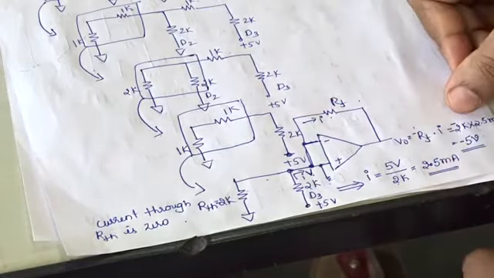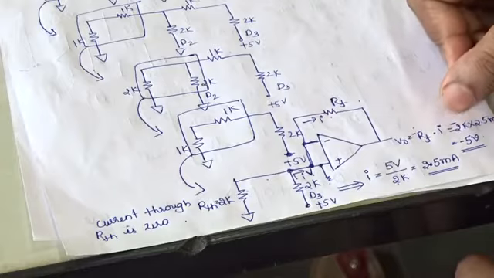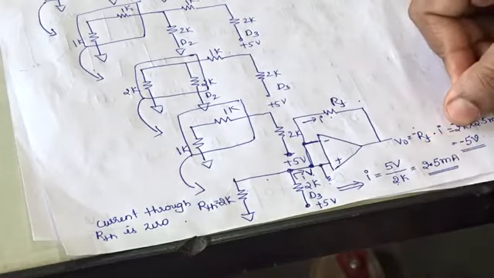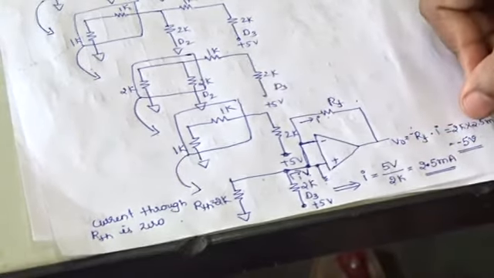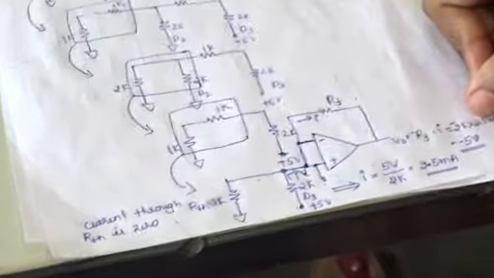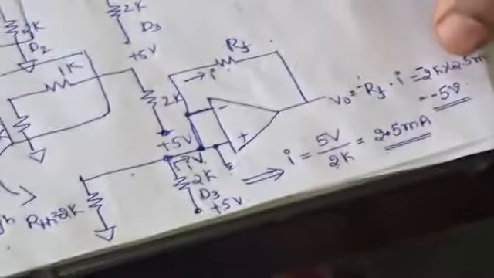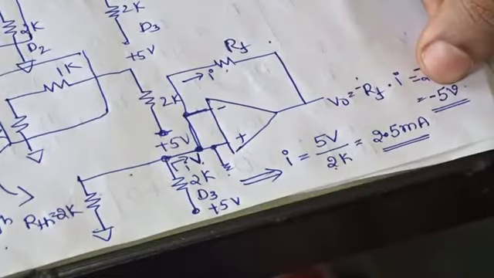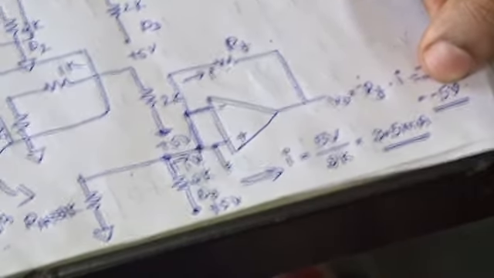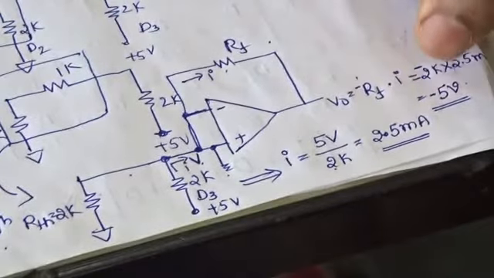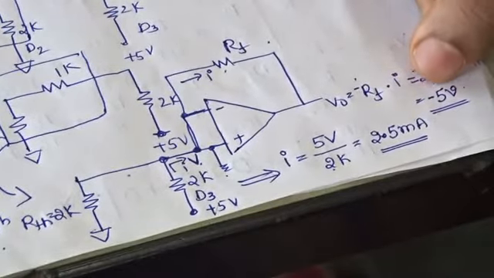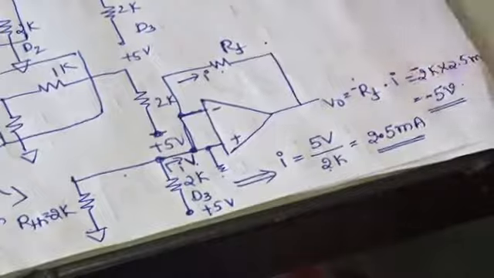So I can calculate the output voltage as minus 2K, the value of the feedback resistor, into the current, 2.5 milliampere. When I multiply these two, I get minus 5 volt. In the sense, for the input D3, D2, D1, D0 equal to 1000, I get the analog output as minus 5 volt. So this is one example I have taken.